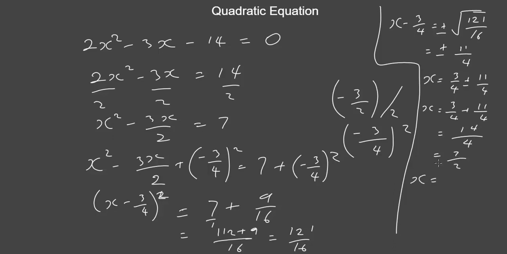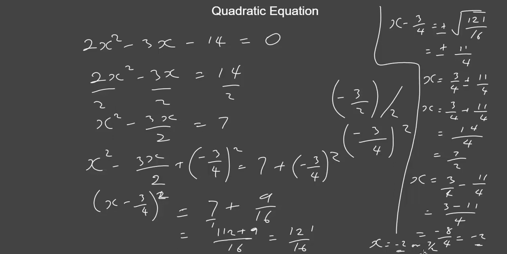Then for the other possibility, that's 3 over 4 minus 11 over 4, and that will give you 3 minus 11 over 4, basically. So that will give minus 8 over 4, and that's minus 2. So x is therefore minus 2 or 7 over 2.